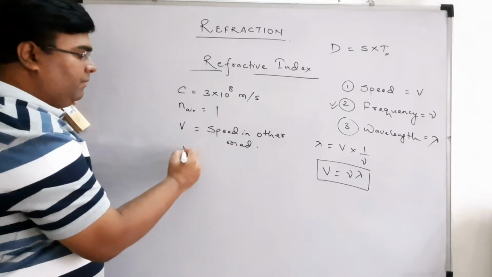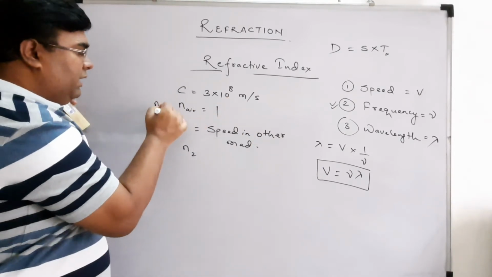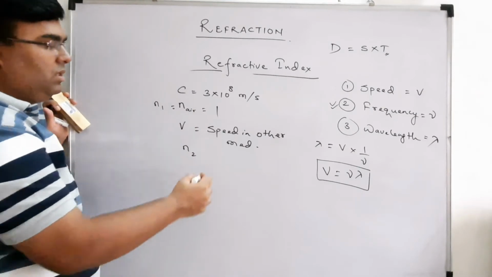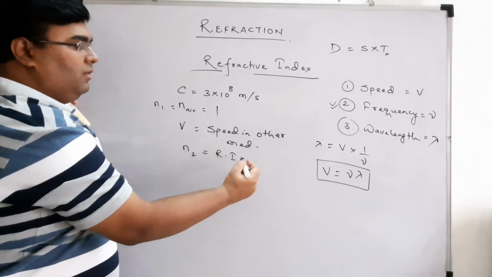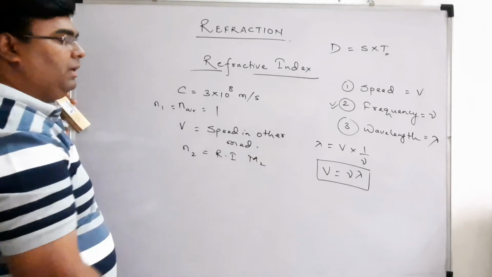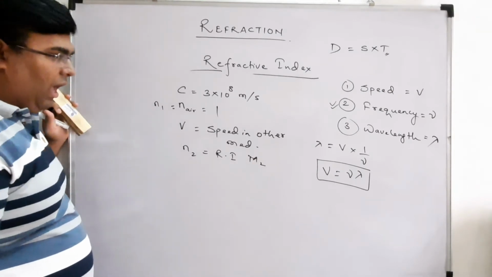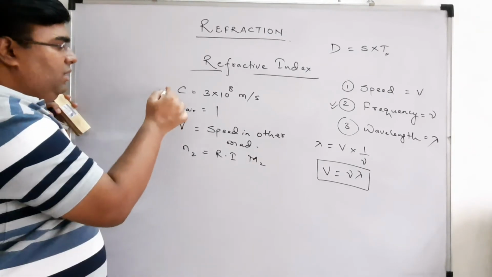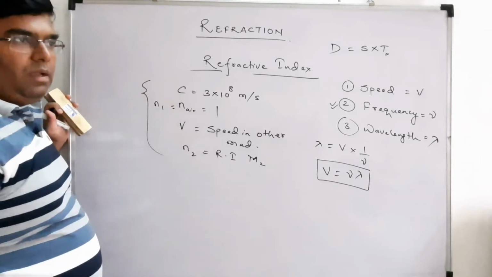and n2 is the refractive index of the second medium, right? So we have a relationship between these four.